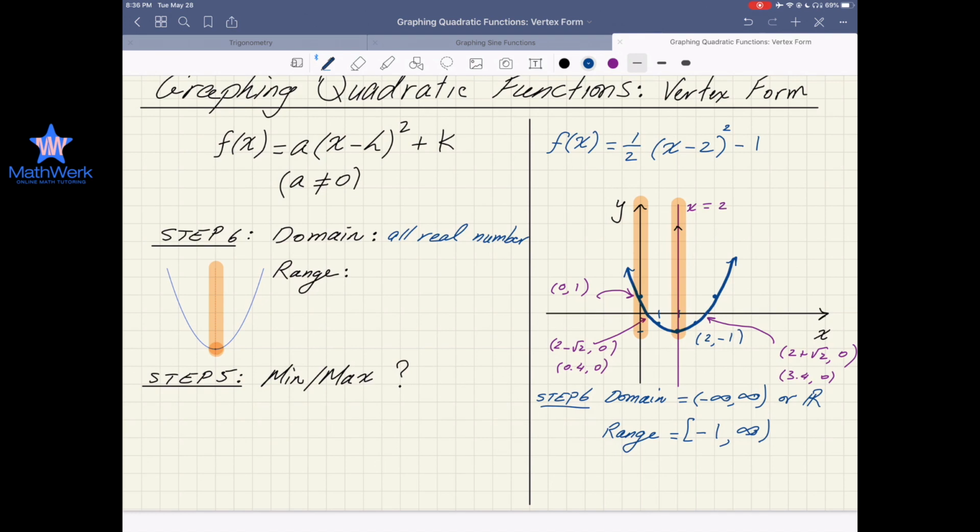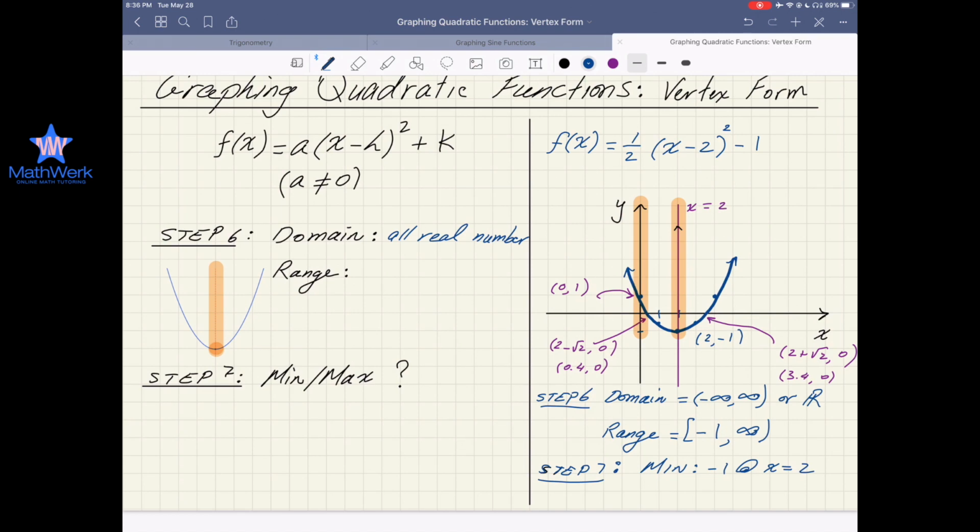Okay? And finally, let's call this step 7. In step 7, we're going to say whether our function has a minimum or a maximum. Since this function opens up, it actually has a minimum, and the minimum value is negative 1 at x equals 2.